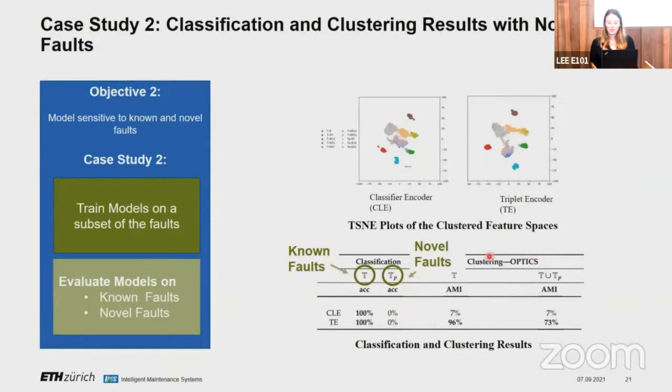But if you look at the clustering, we can clearly see that in the triplet encoder feature space, we were still able to recover the original class clusters, and the outliers are not detected as a cluster, so this value is rather lower, but we could recover the original ones, and we could detect approximately half of the novel faults as outliers, and 94% of the outliers were actually novel faults.